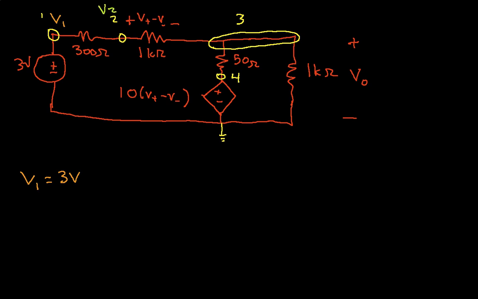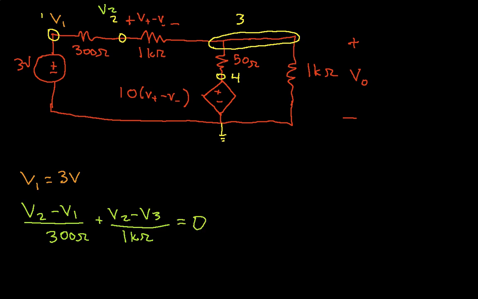We have then that (V2 minus V1) over 300 ohms plus (V2 minus V3) over 1K ohm is equal to 0.